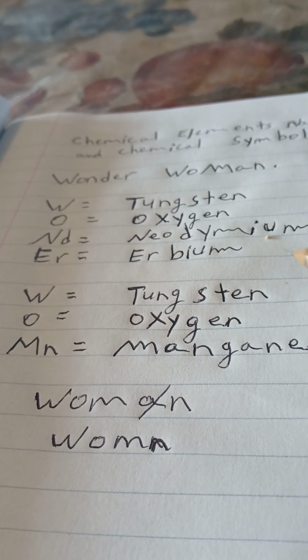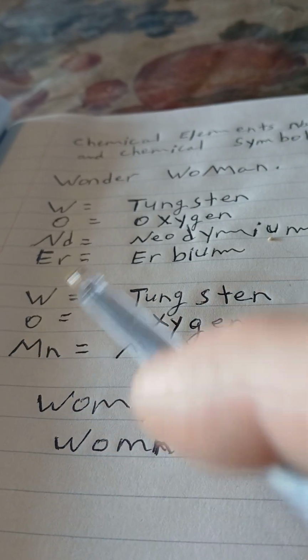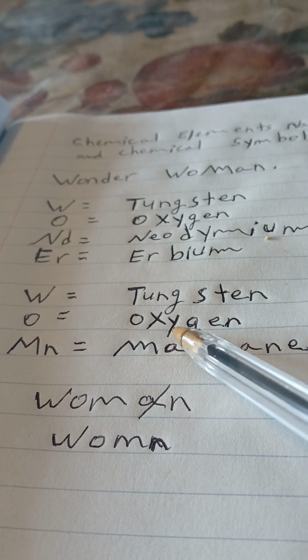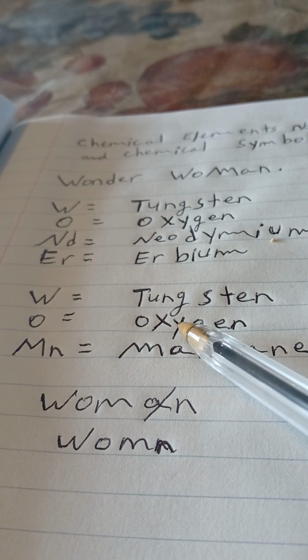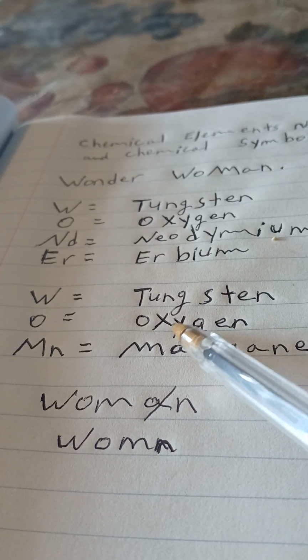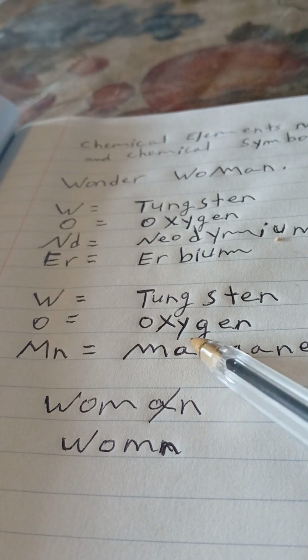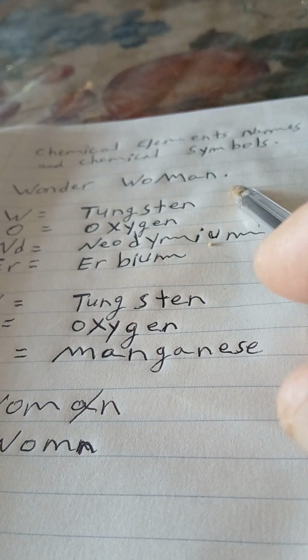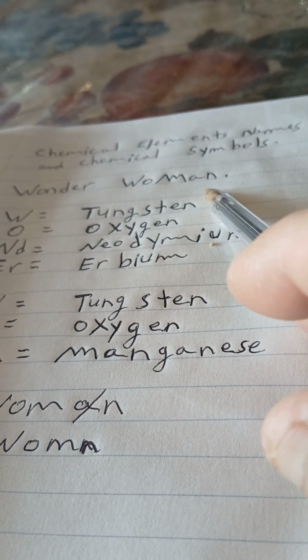And the capital O in woman, right here in woman, is for oxygen. So the chemical element's name is oxygen. Capital OXYGEN.